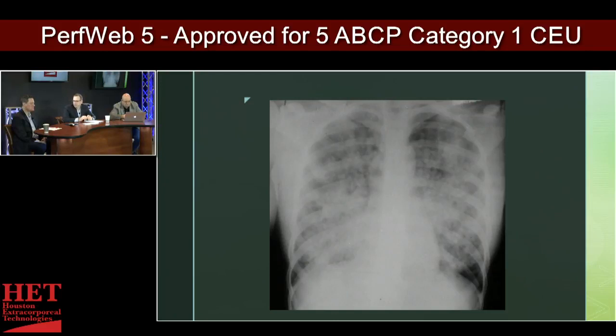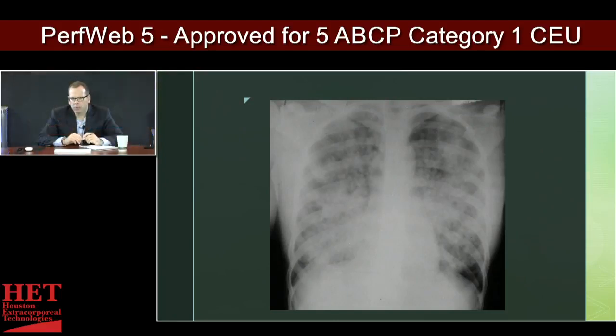They have congestion, and so their plan is to start aggressively diuresing this patient, which would be a delay in the appropriate treatment. So it can be subtle at times, and to the untrained eye, you can make a fatal mistake there. But this is classic ARDS, not pulmonary vascular congestion or an exacerbation of congestive heart failure.